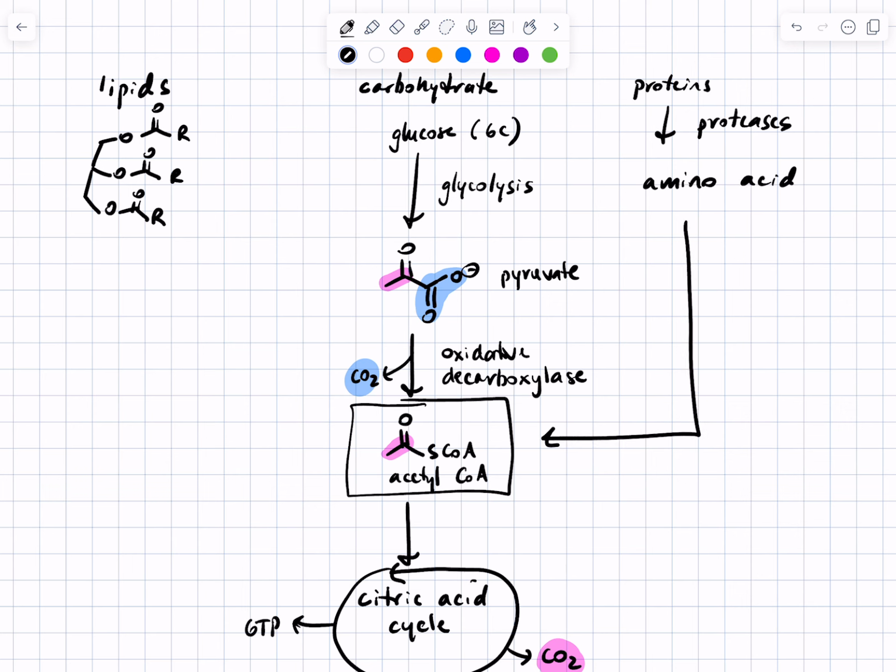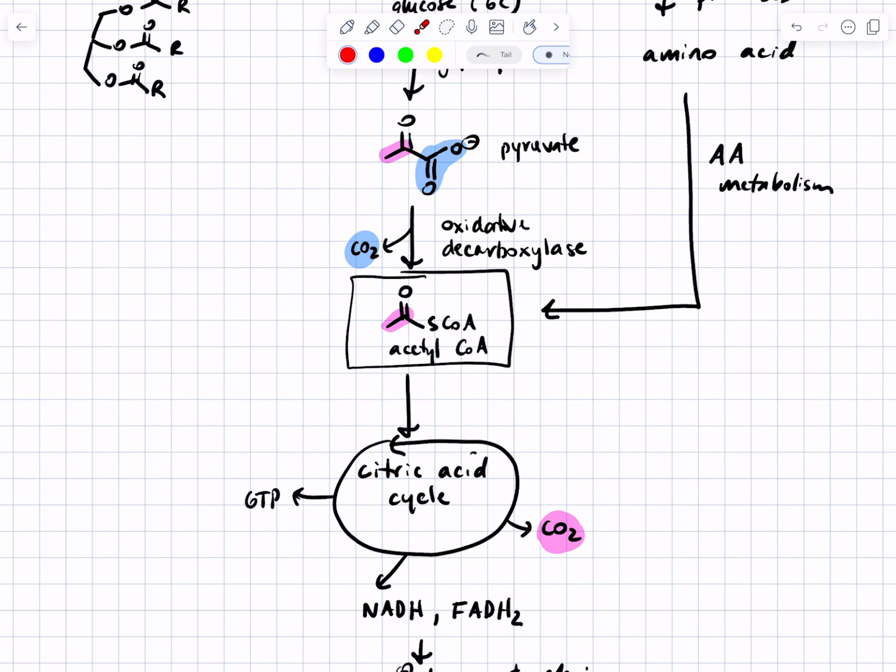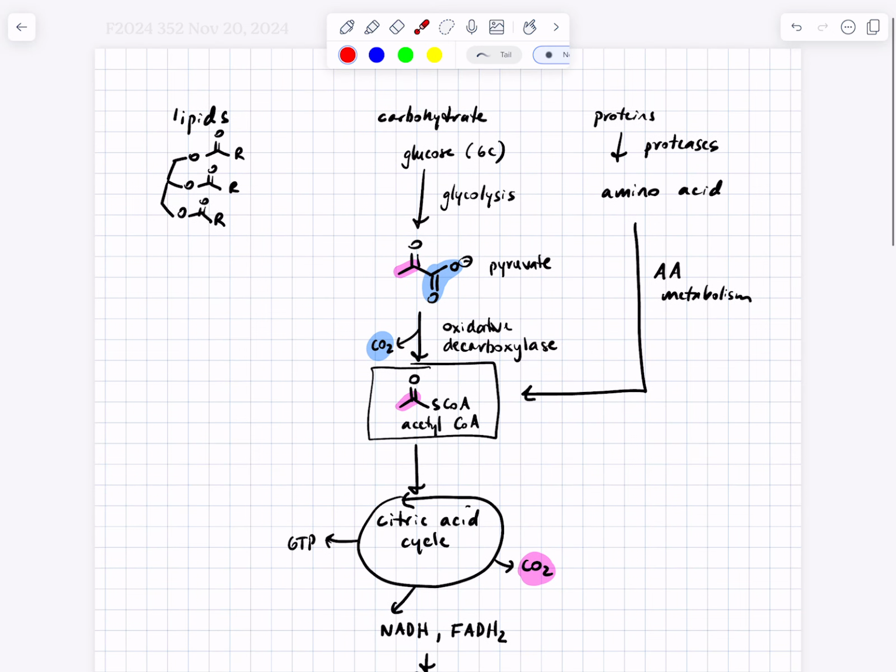And then for a lot of the amino acids, there's a process called, unsurprisingly, amino acid metabolism, whereby you can convert amino acids into acetyl-CoA or into portions of the citric acid cycle and thereby extract energy from there as well. Overall, the process oxidizes the carbons in glucose all the way up to CO2, and we'll see that process. It's quite complicated. It's not easy, but it's controlled and it works quite quickly.